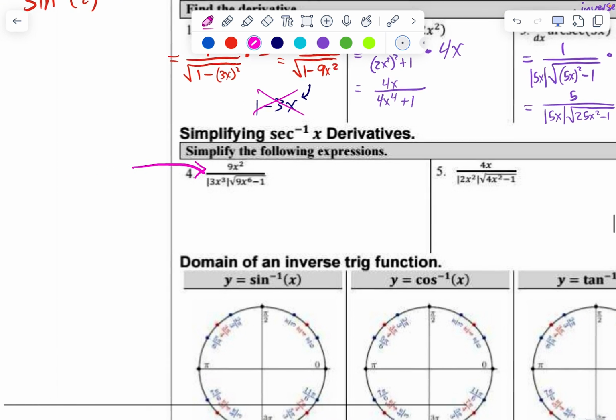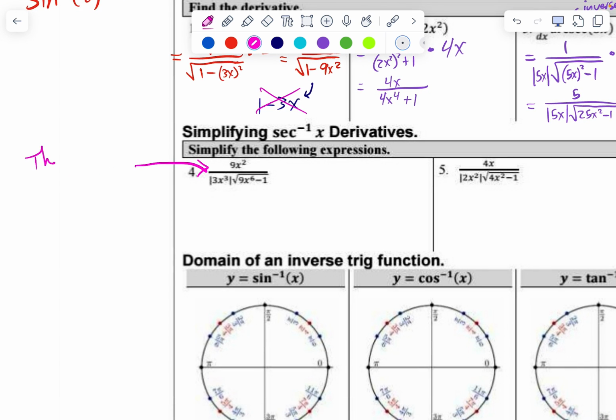Just to make sure you're clear, this is already a derivative. In other words, we took the derivative to get there. So now we are just looking at simplifying it. So maybe make sure that stands out. We're just trying to simplify that.